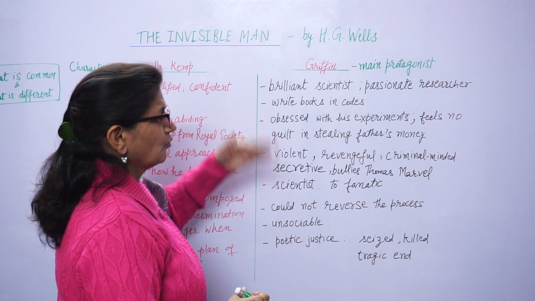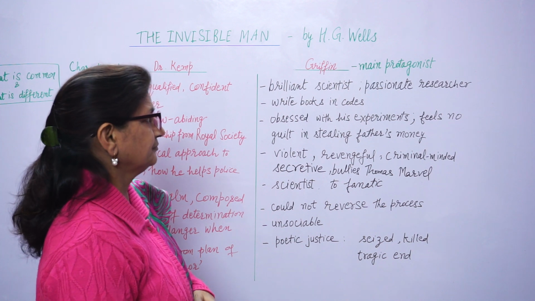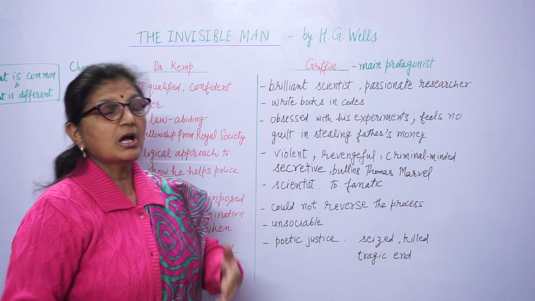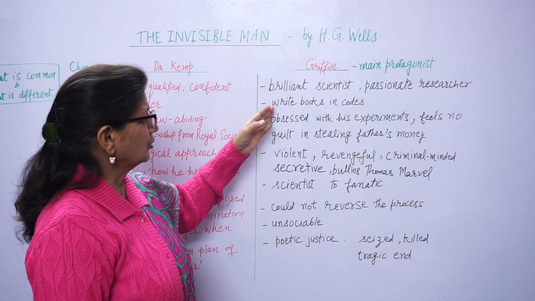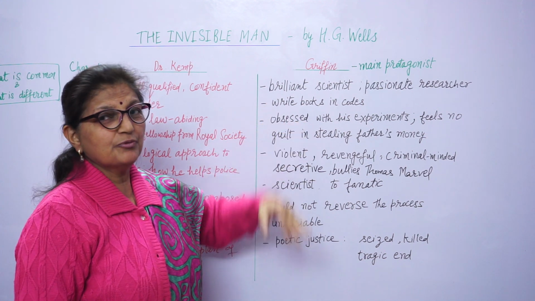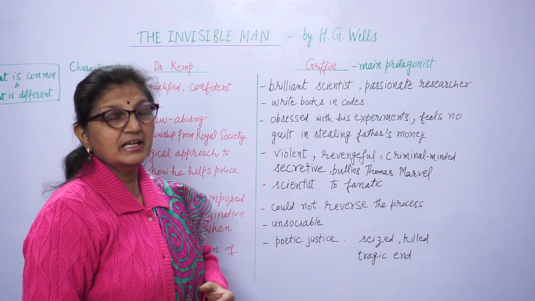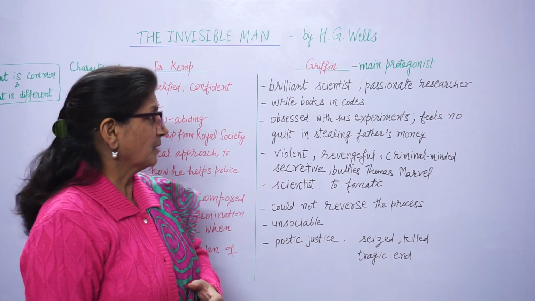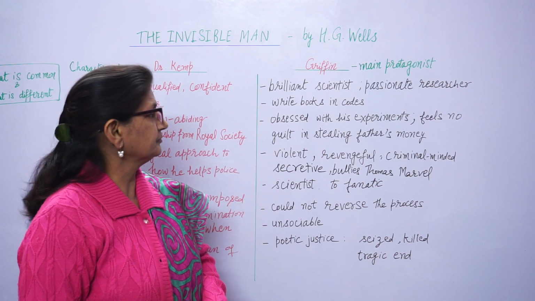He wanted to do research, and research on what? Research on how to be invisible. And he wrote 3 books, as you find in the novel, which later came into the hands of Thomas Marvel. He used to write books in codes.